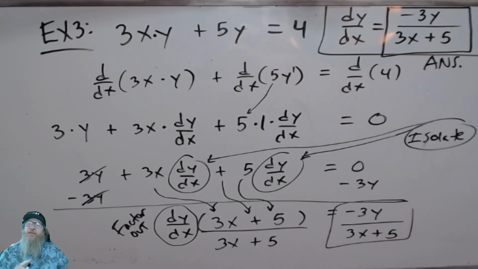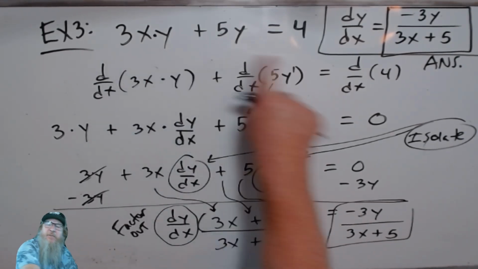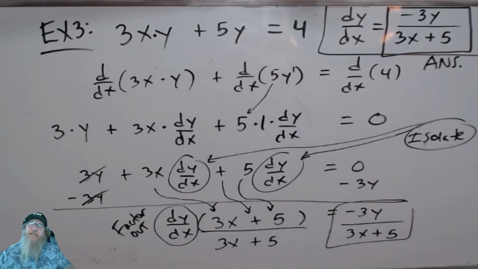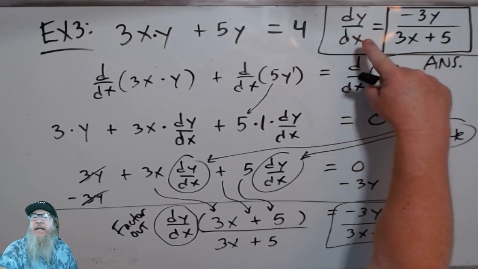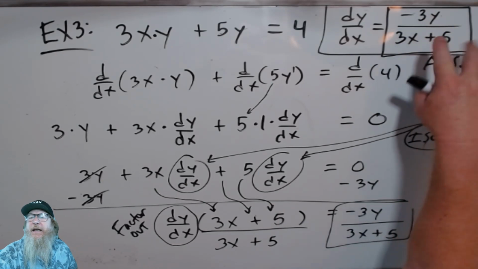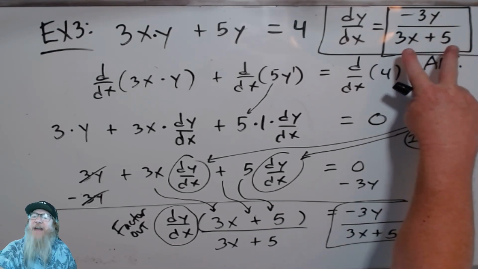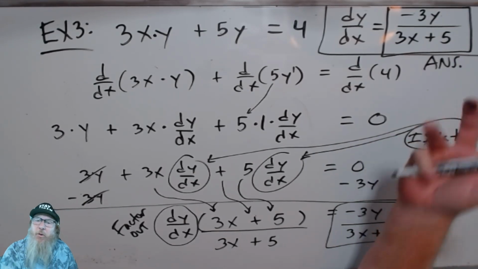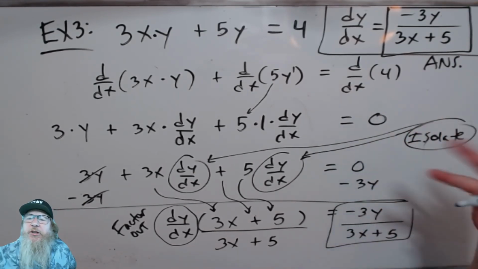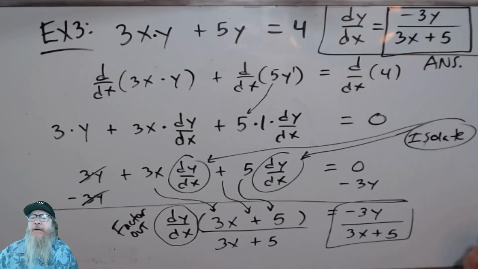I should mention, if you see this problem in a previous section before we learned this, the answer would have been dy dx equals negative 3 over 3x plus 5 squared. So it would have had a different presentation, but it would have meant the same thing. It would have produced the same result.